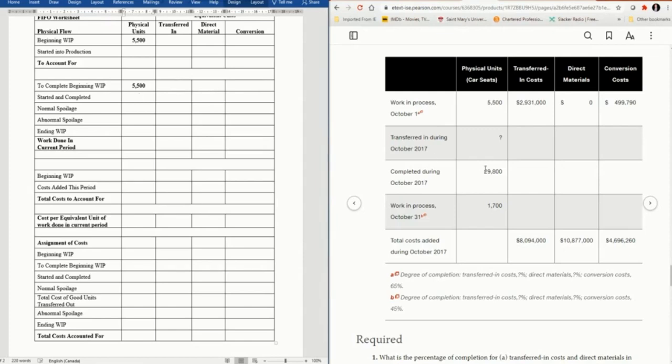And I know that I completed 29,800, right? So if I completed 29,800, it means that these two boxes over here together have to add up to 29,800. So what's that make this one? 24,300, sorry. 24,800, right?